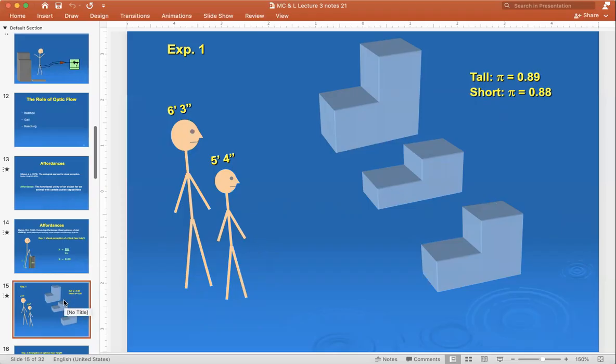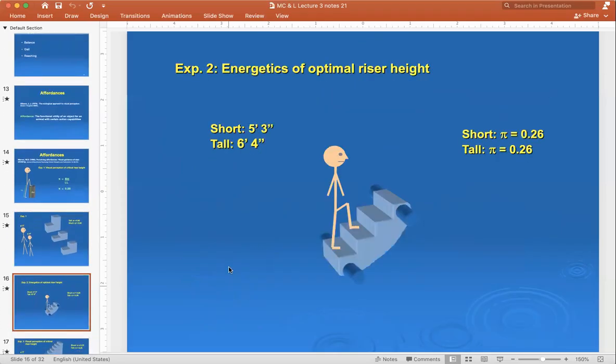Perhaps more interestingly, he also had people walk on a stair mill or stairmaster, whatever it was, and he could adjust the riser height between trials. In his first experiment, he recorded the oxygen consumption. Tall people and short people walked up and down this thing for a few minutes, and then he would change the riser height and measure the oxygen consumption again.